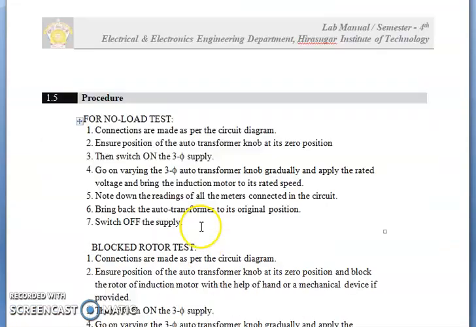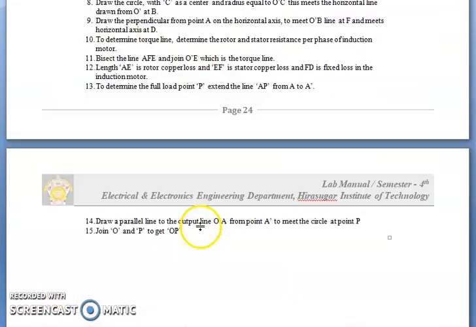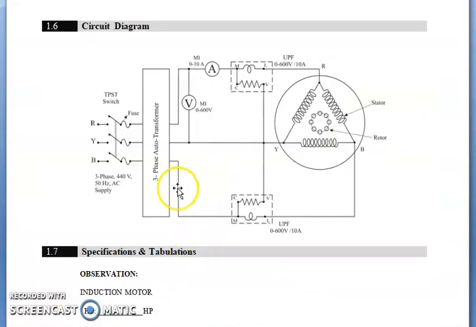Okay, then let us see the circuit diagram. Here the three phase supply is connected to the auto transformer, and through the auto transformer rated voltage will be applied to the three phase induction motor depending upon the nameplate rating of the machine. This ammeter is used to measure stator current in both conditions, no load as well as block rotor test.